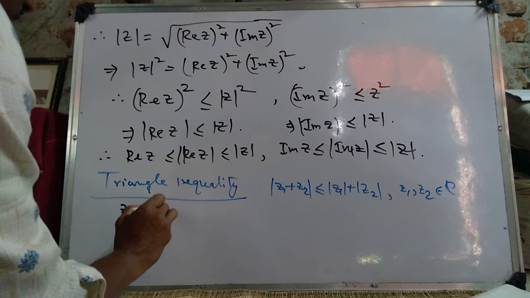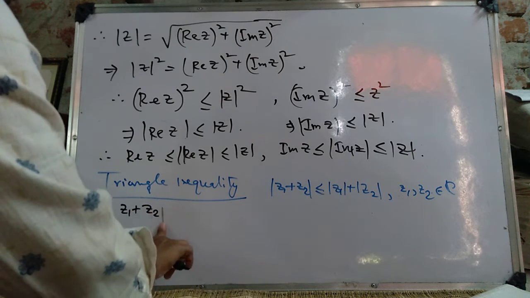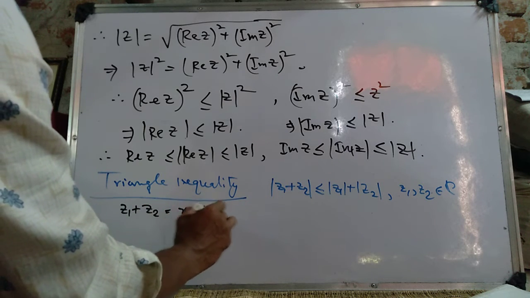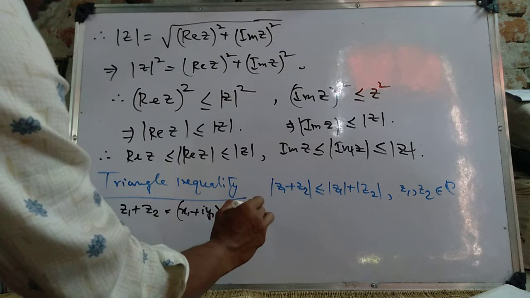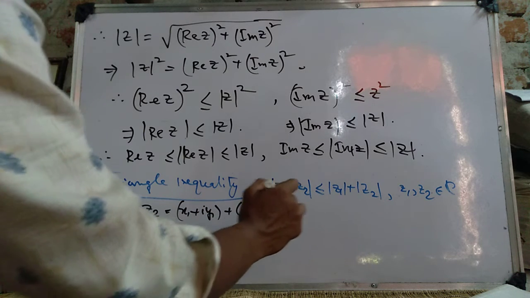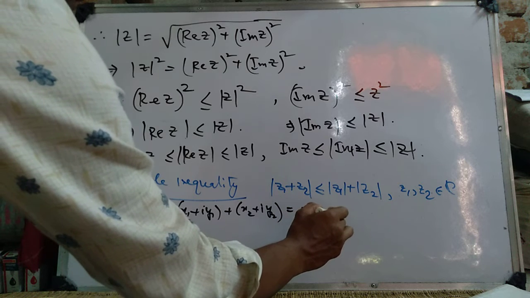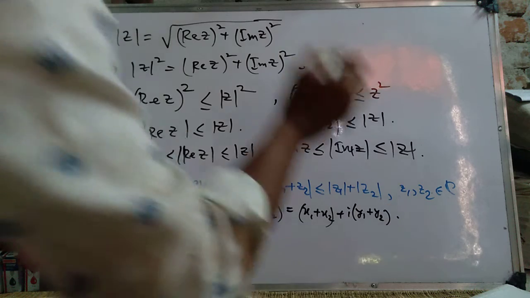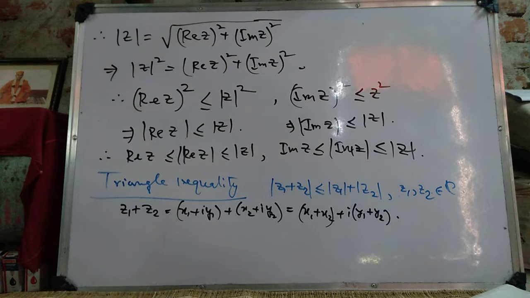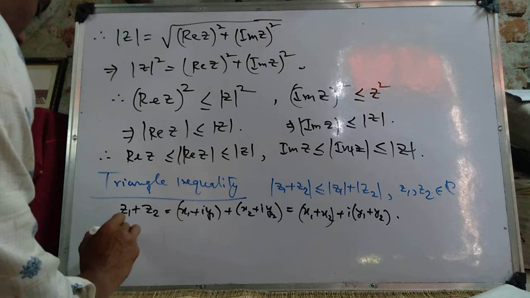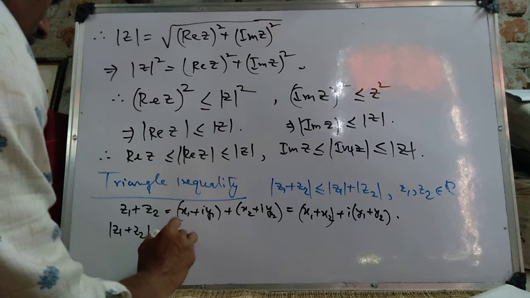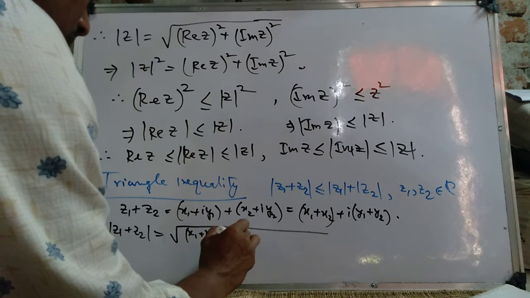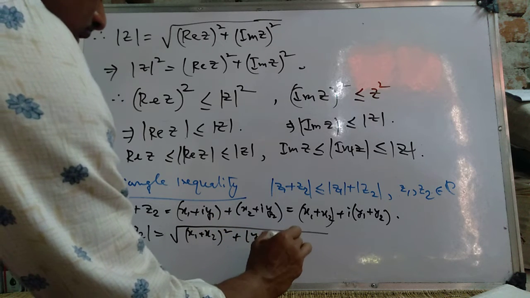First we talk about z1 plus z2, which we know from the previous class equals x1 plus iy1 plus x2 plus iy2. Then what we get is x1 plus x2 plus i times y1 plus y2. Then the modulus of z1 plus z2 equals the square root of (x1 plus x2) square plus (y1 plus y2) square.